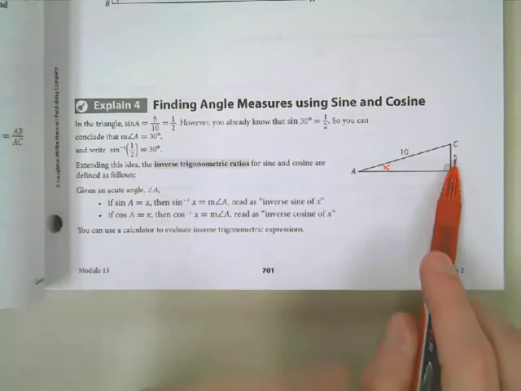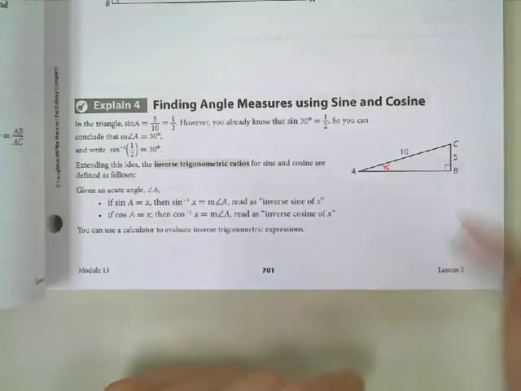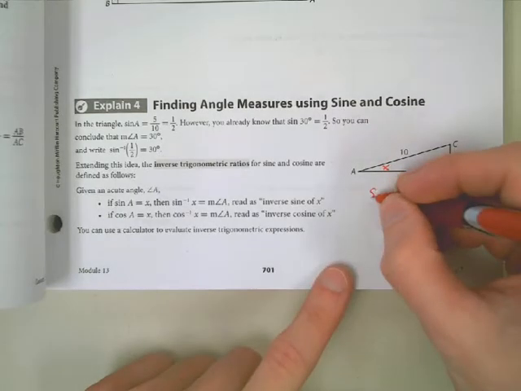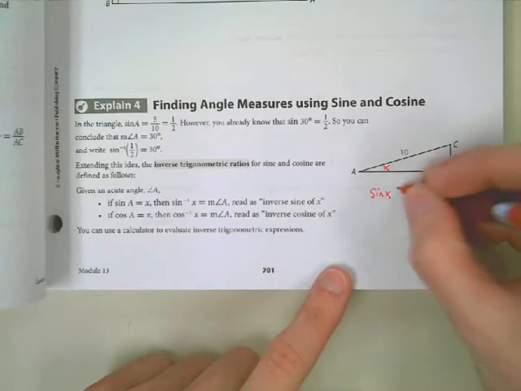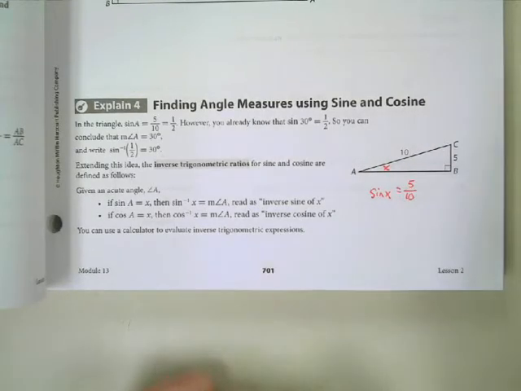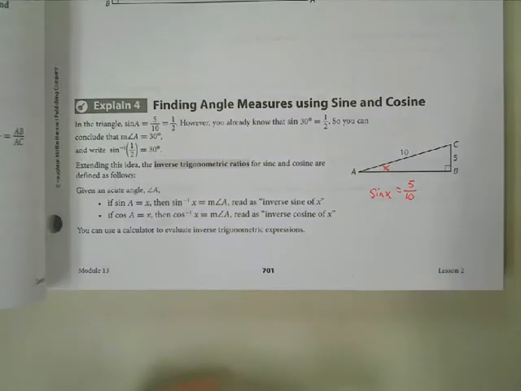And then what is the 10? Is it the hypotenuse? That is correct. So which trig ratio are we going to use to set this up then? What has opposite and hypotenuse in it? Sine. So we'll say sine of x equals opposite 5 over hypotenuse 10. Again, folks, the x is inside the sine.